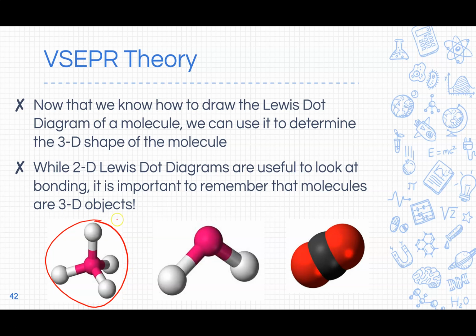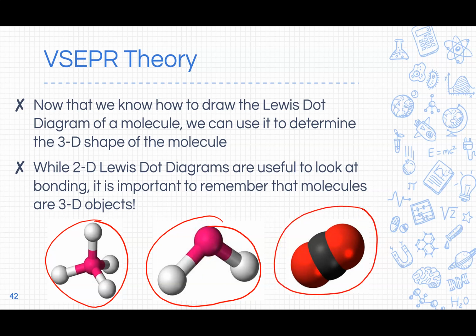The first two, this one and this one, are what we call a ball and stick model because they've used sticks as bonds, and then they use spheres for atoms. And then this one right here is called the space filling model, where they actually don't draw in a line for the bond.